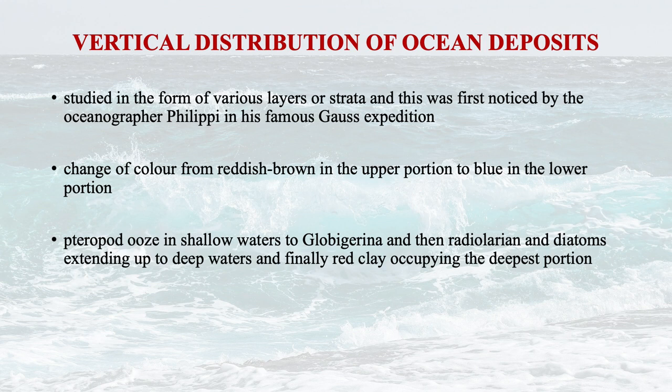And then radiolarian and diatoms are siliceous, so they are not easily dissolved, so they are found at greater depths in the oceans. And finally, red clay occupying the deepest portion. So a kind of gradation like pteropod, globigerina, then radiolarian, diatoms, and the red clay occupying the deepest portions.